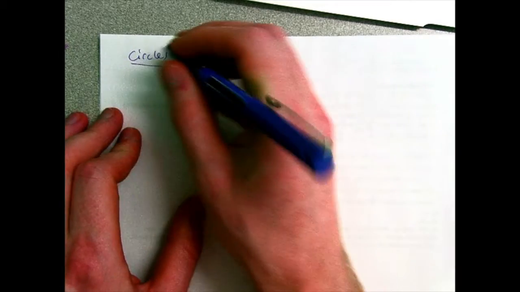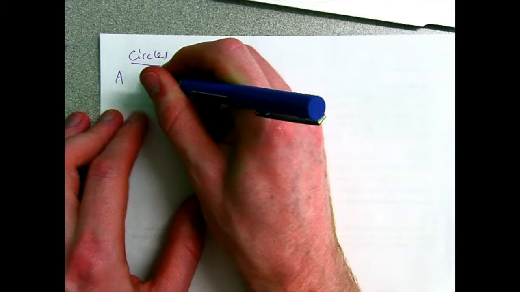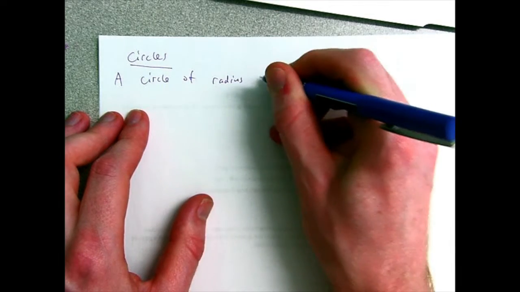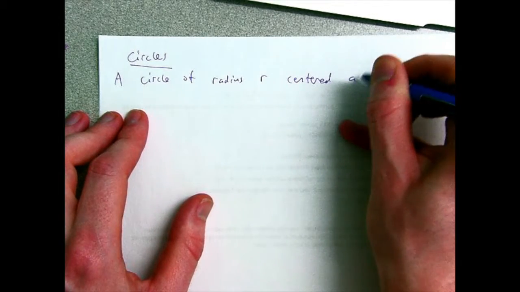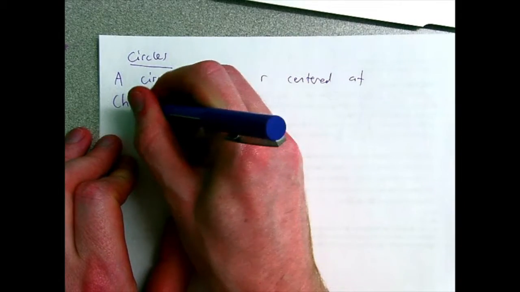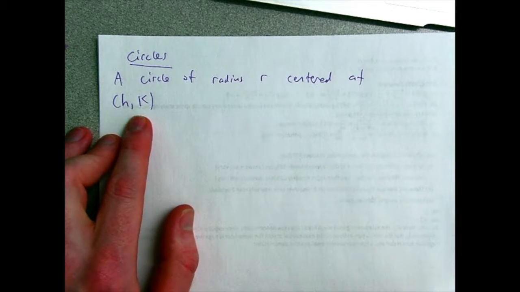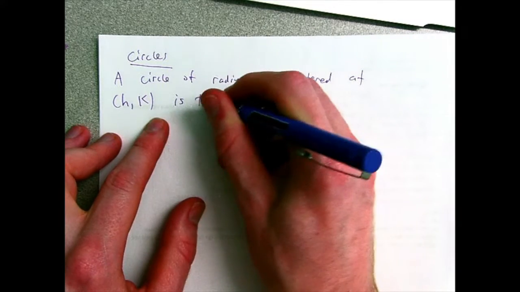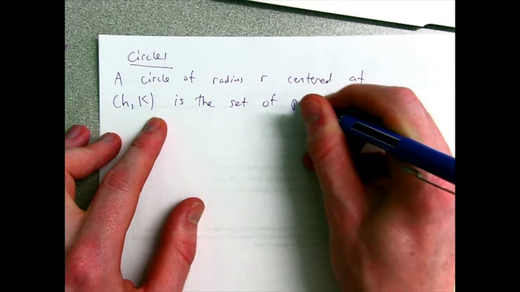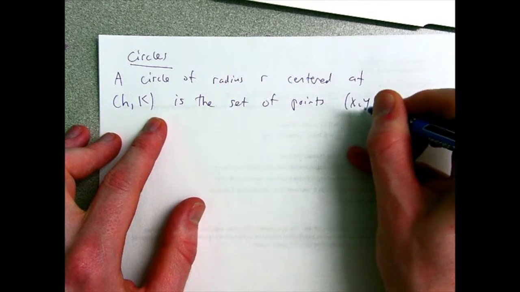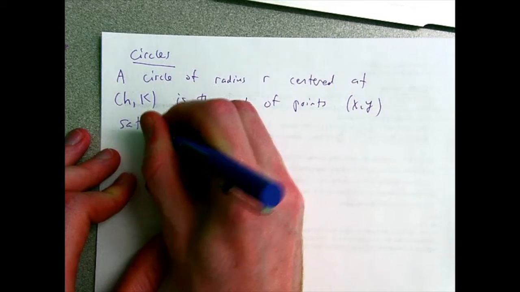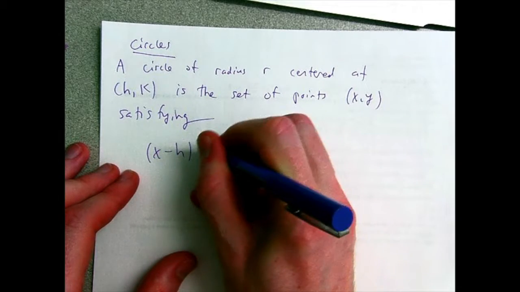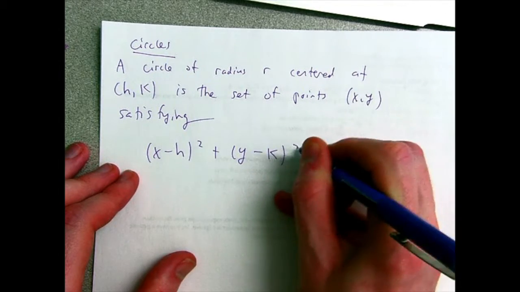So a circle of radius r centered at (h, k), so that's the coordinates of the center of the circle, is the set of points (x, y) satisfying the following equation: (x minus h) squared plus (y minus k) squared is equal to r squared.